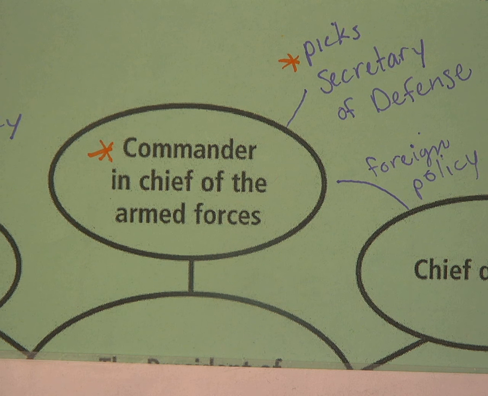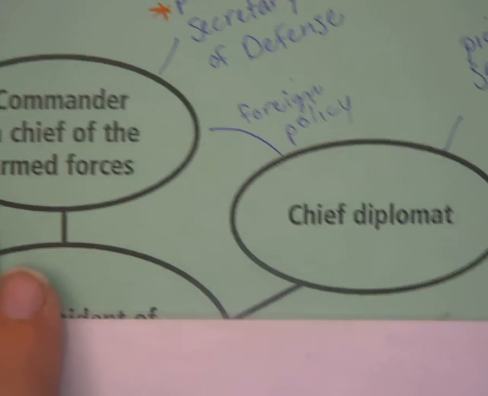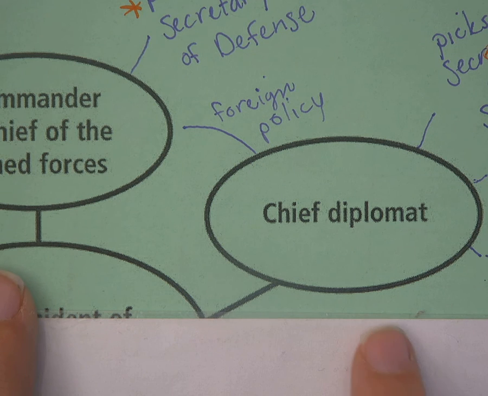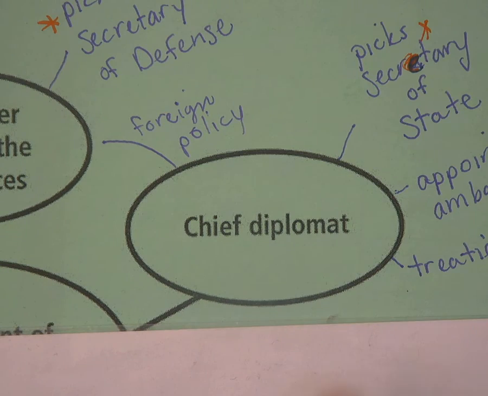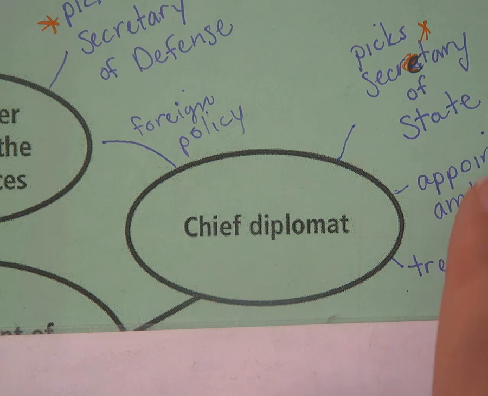So another portion of his foreign policy is chief diplomat. This is inferred by the Constitution. It's implied that he is the head of our diplomacy, our discussions with other countries. So he picks our Secretary of State, and just like the Secretary of Defense, it's a member of the cabinet, as well as has to be confirmed by the Senate.